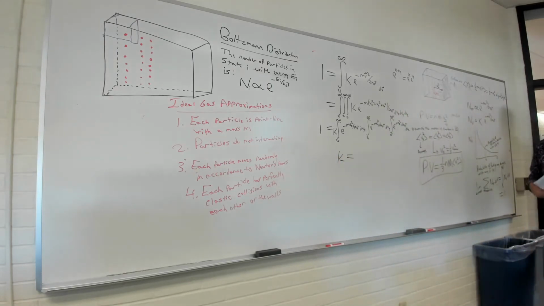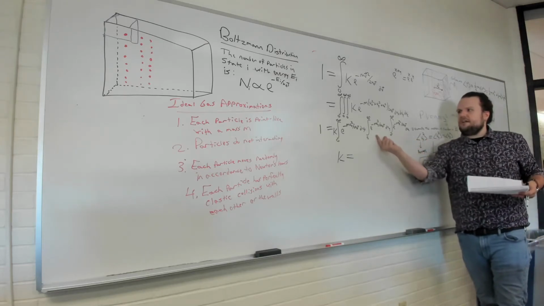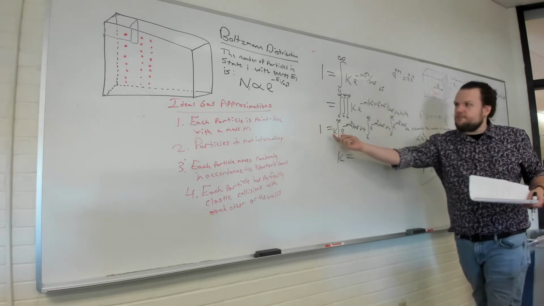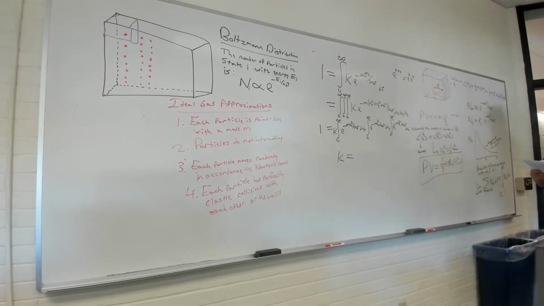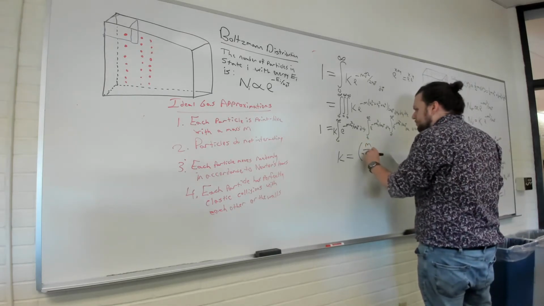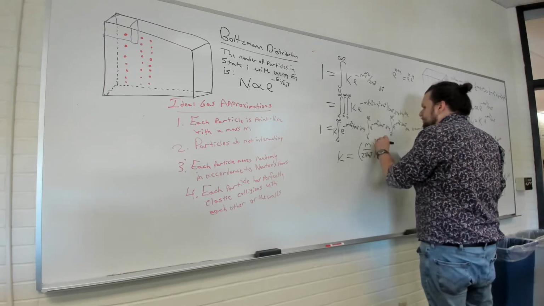That's the thing we want to solve for, because the integrals are going to give us numbers. We have an unknown and a known, so we just need to solve for k. The k is the mass of the particle divided by 2 pi kBT, to the 3/2 power.